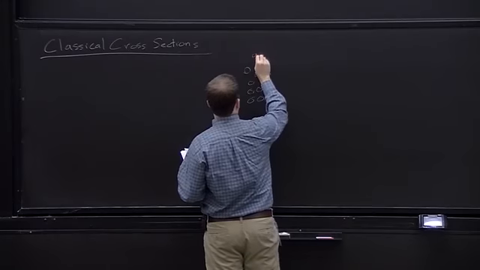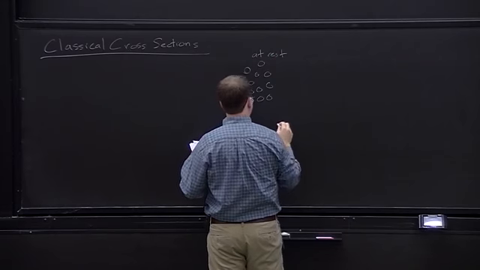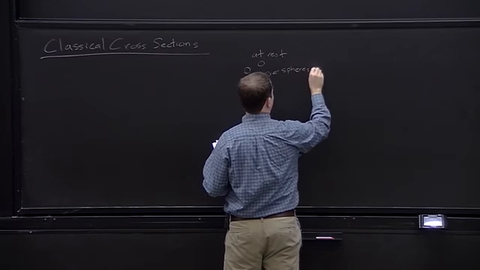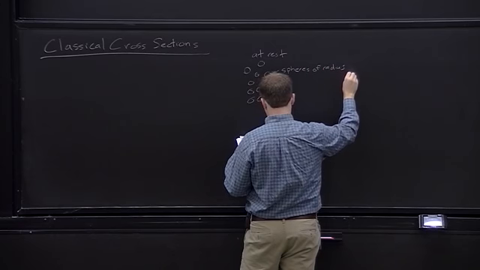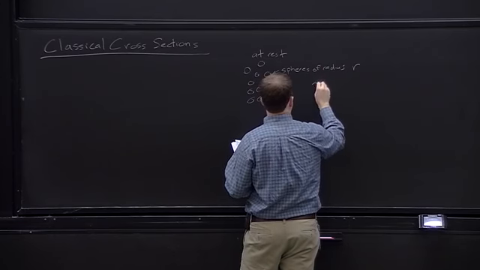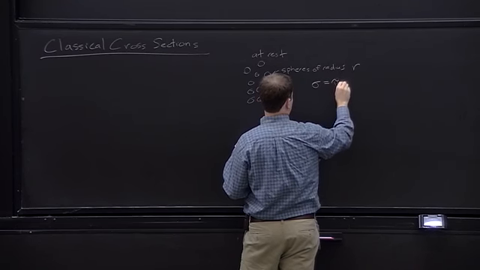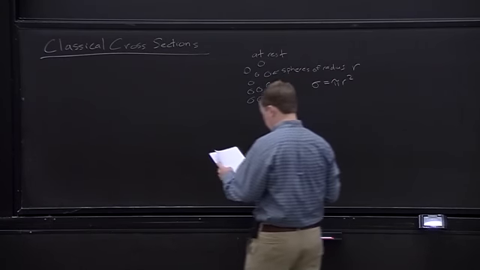And these are at rest. Let's call these spheres of radius r. So the cross-section of each one is pi r squared. The geometric cross-section is pi r squared.